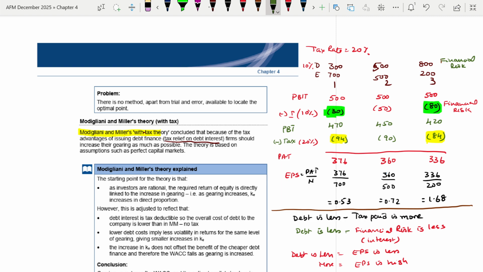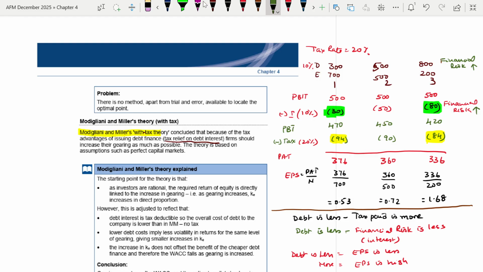Shareholders will lose maximum 200. The bank will lose 800. Here also the financial risk is more, both in terms of interest payments as well as the principal payments.